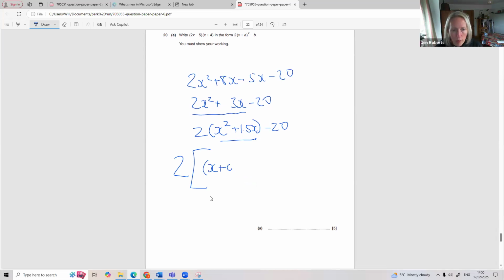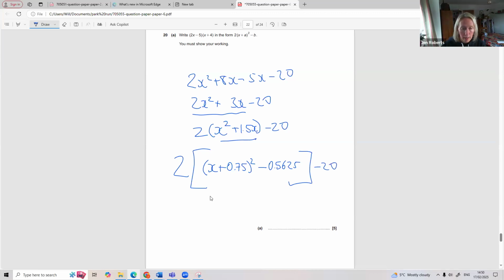Half of 1.5 is 0.75. If I multiply the brackets out there, so x plus 0.75 squared, I'd create 0.75 times 0.75 that I don't want. So I'm going to subtract off 0.75 squared, which is 0.5625. And don't forget about this minus 20.